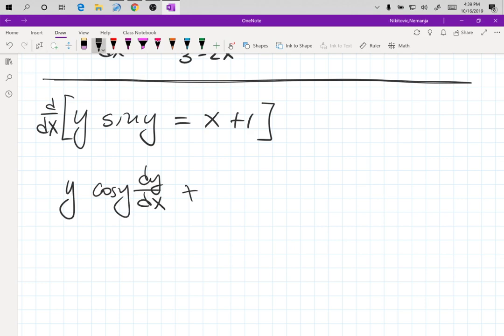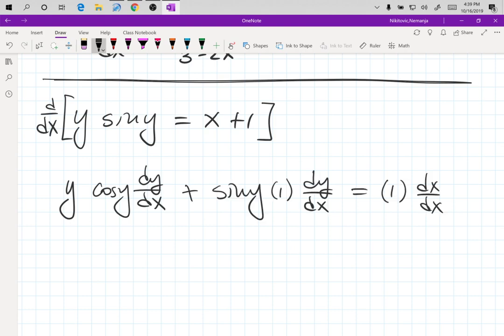Plus copy the second one, which is sine y, and then the derivative of the first is 1. You still have dy/dx because you took the derivative of y with respect to x. On the right-hand side, the derivative is 1, and then dx, but that will cancel.